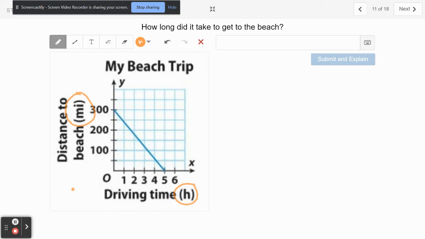How long did something take? We're talking about the time. Well, you have to understand that we're starting here. That's the start of our trip. We're not at the beach. We drive, and we finally get to the beach here at 5 hours it took. All right.